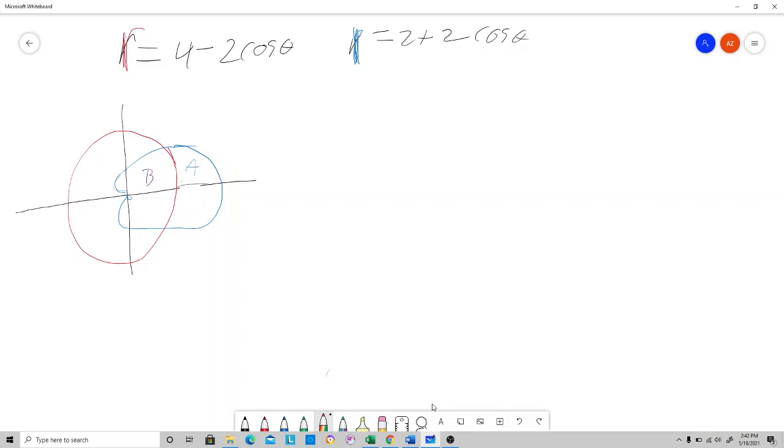Why not A? So when we try to find the area of A, we're gonna use this function right here. So let's set up our integral.